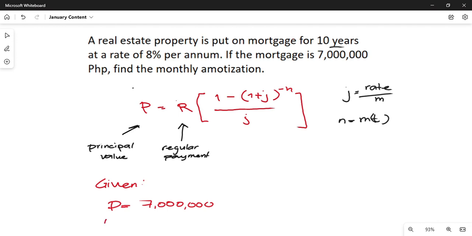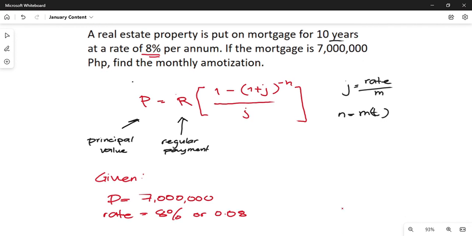Our rate is 8%. In decimal form, this is 0.08. So what is our M here? Since we are paying monthly, M should be 12.